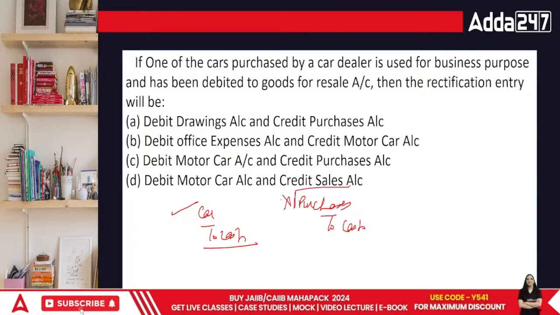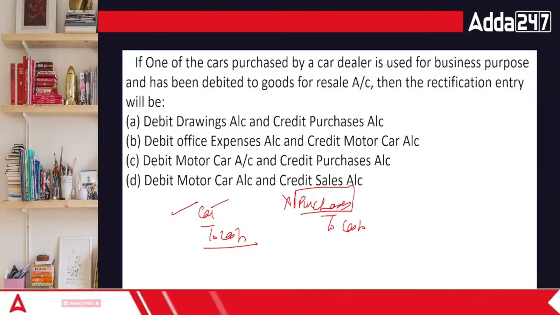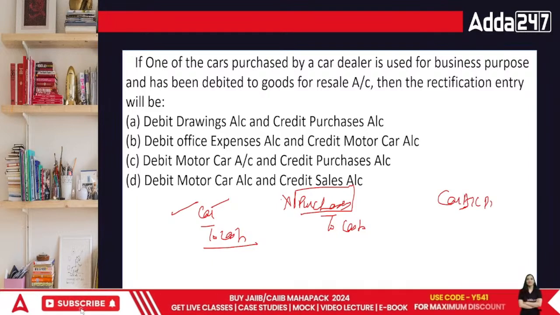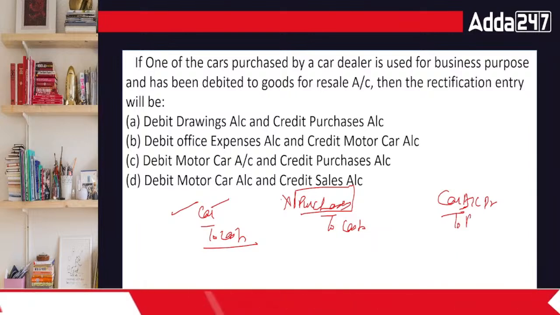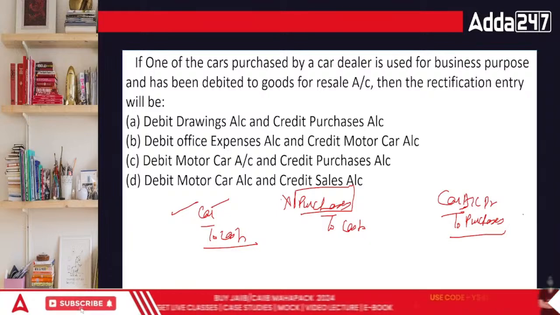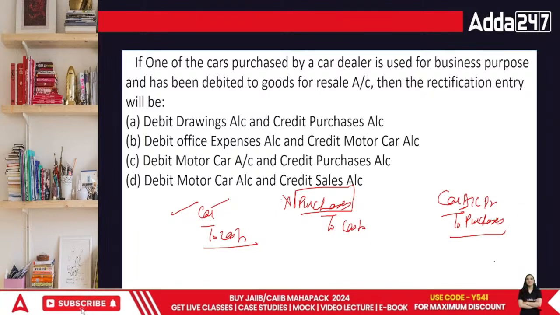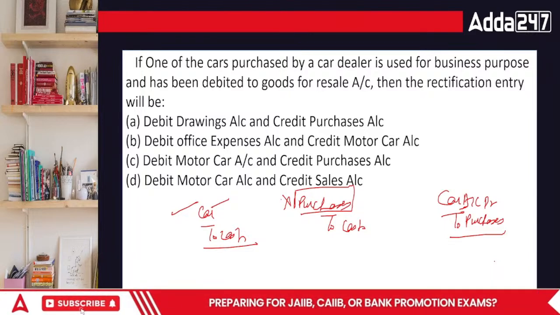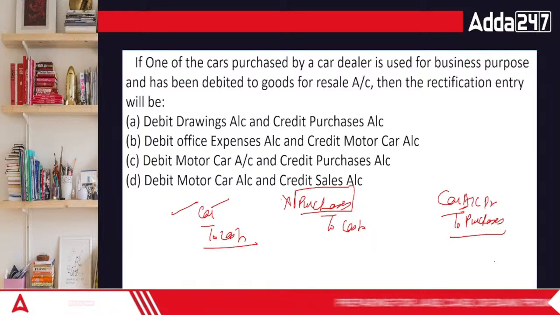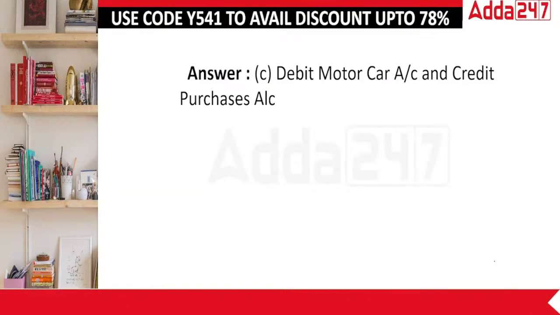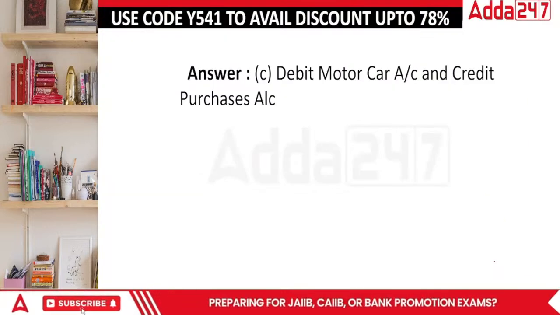We will put out the purchases and give importance to the car. So technically, car is something that will be debited, and purchases which has been debited has to be credited. We noted it as a good, but it is not a good now. It is something which is used in the business for the business purpose. It is not something we are buying and then selling. So in this case, the correct answer is debit motor car and credit the purchases.